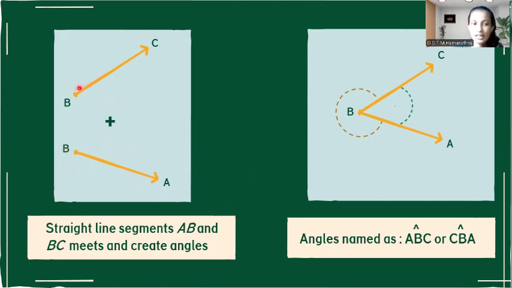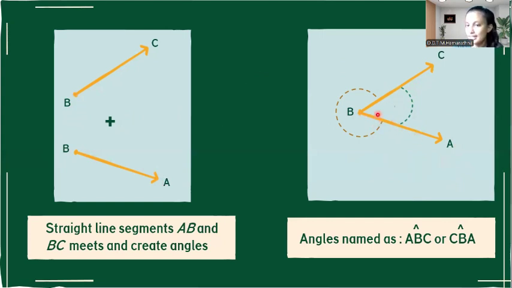And this one has the letters B and C, so we call it the BC line. When these two lines meet at point B, it makes an angle. AB and BC meet together at point B and form this angle.